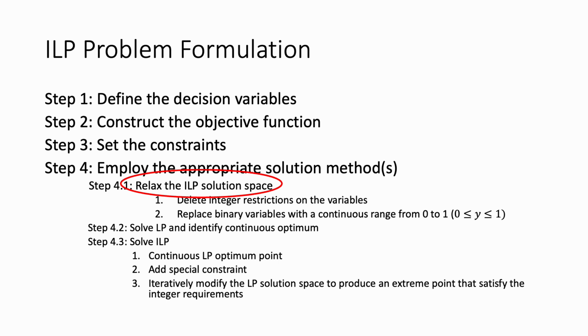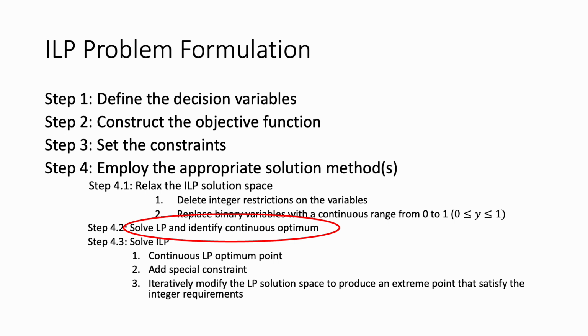So the simplest way to approach an ILP is to ignore integrality temporarily, meaning we remove the integer restrictions first. This is what we call the relaxation of the ILP. So we relax the ILP solution space by removing the integral restrictions.